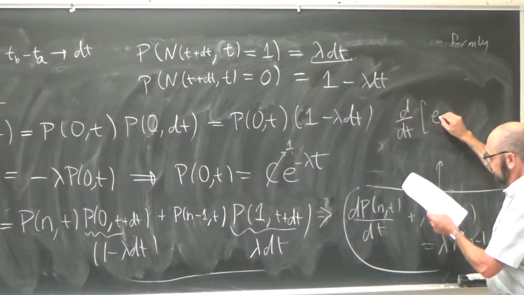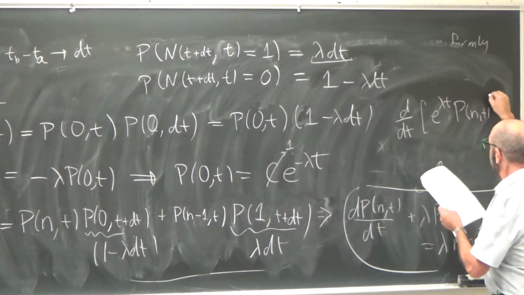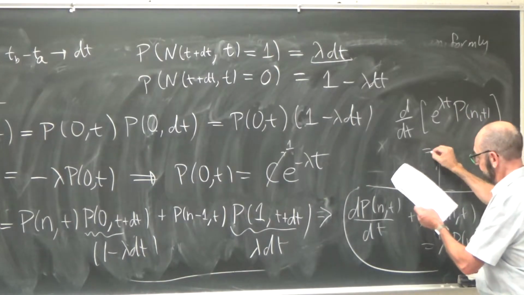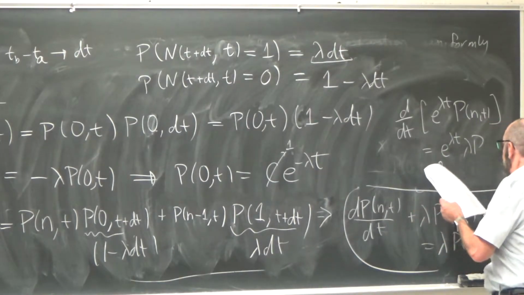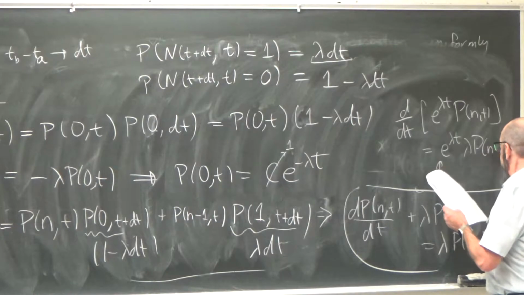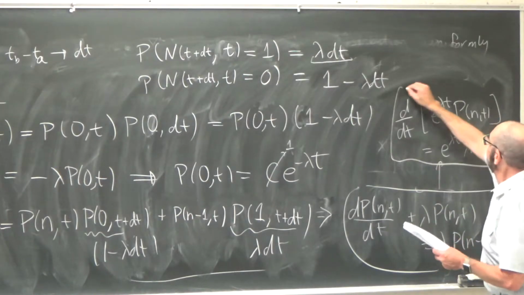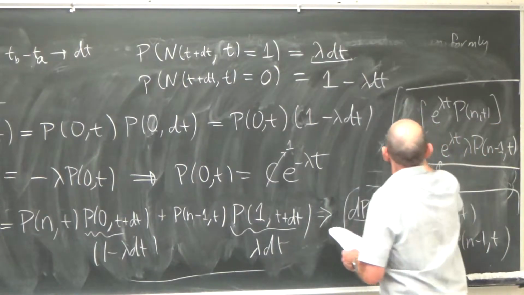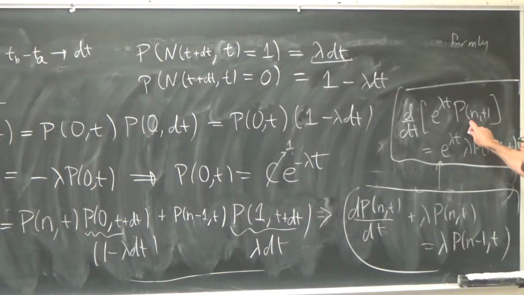The derivation is not so important. So this is a recursive equation which relates the probability of seeing n counts from 0 to t to the probability of seeing n minus 1 counts from 0 to t.